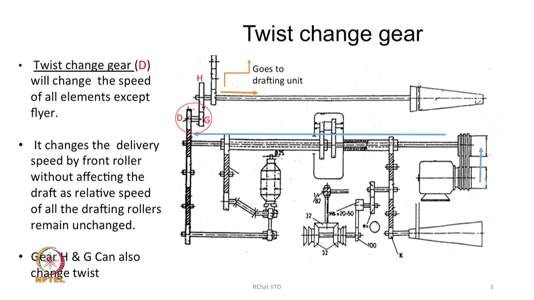This gear will also change the speed of the top cone drum, and that speed change would basically mean, as we have studied it earlier, the top cone drum speed will affect the bottom cone drum speed, and from there through a set of gears and differential gear the motion goes to the bobbin, and therefore, the bobbin speed is also going to change, because we need to change both.